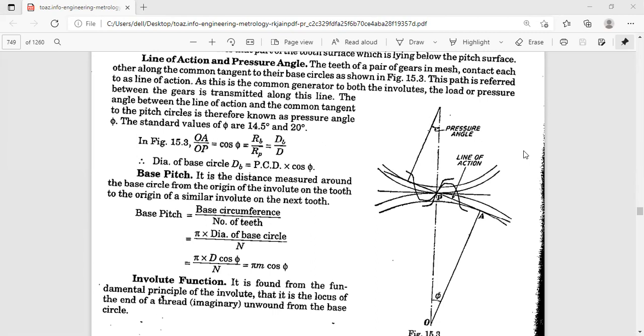The load or pressure between the gears is transmitted along this line. So whenever anybody asks in the viva in the lab, where does the load or pressure act on the gear, you have to explain the line of action by drawing this diagram. Simply telling line of action is not good. If you draw and explain, the examiner thinks you are good.